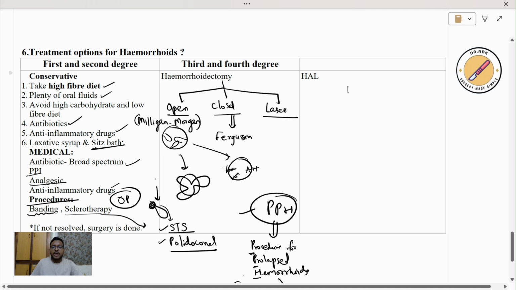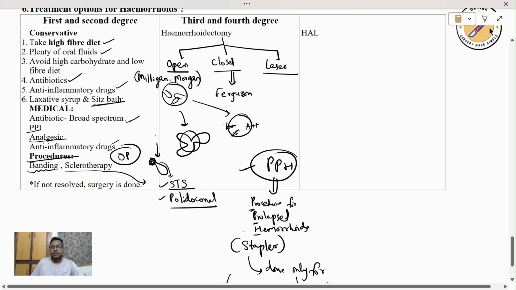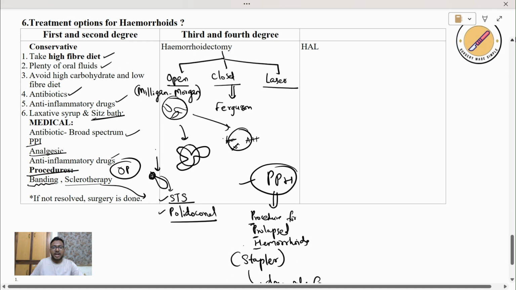Last one is a very advanced procedure which is not that commonly done. The name is HAL, which is nothing but hemorrhoidal artery ligation. What do you mean by that? Basically, this large venous channel will be supplied by some other blood vessel.